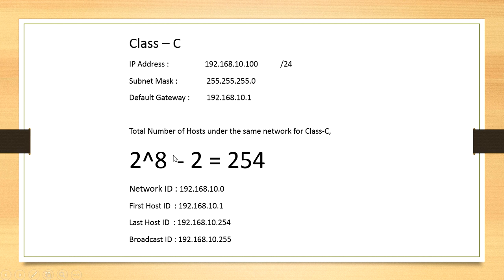So 2 to the power 8 minus 2 gives 254 total hosts we can get from this network of a class C IP address. The remaining two are the network ID and the broadcast ID, and in between, 254 are host IDs. In case it becomes tough for you to control these 254 hosts under the same network, that's where the idea of subnetting came.